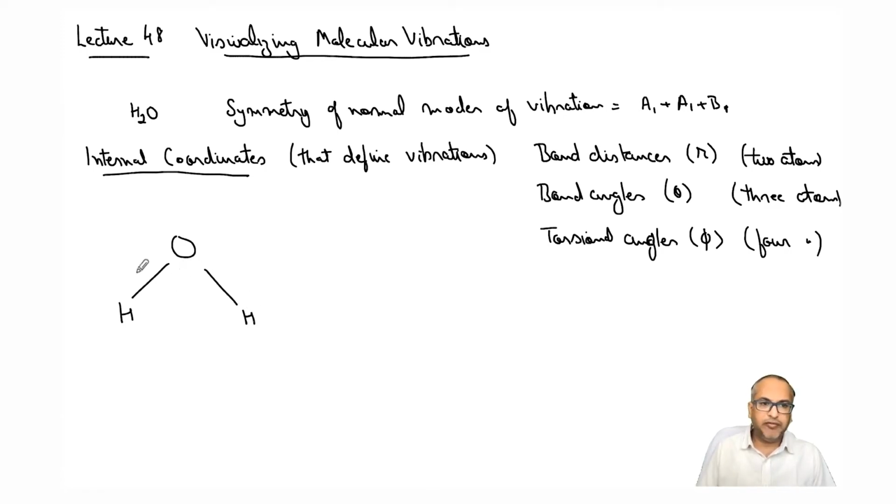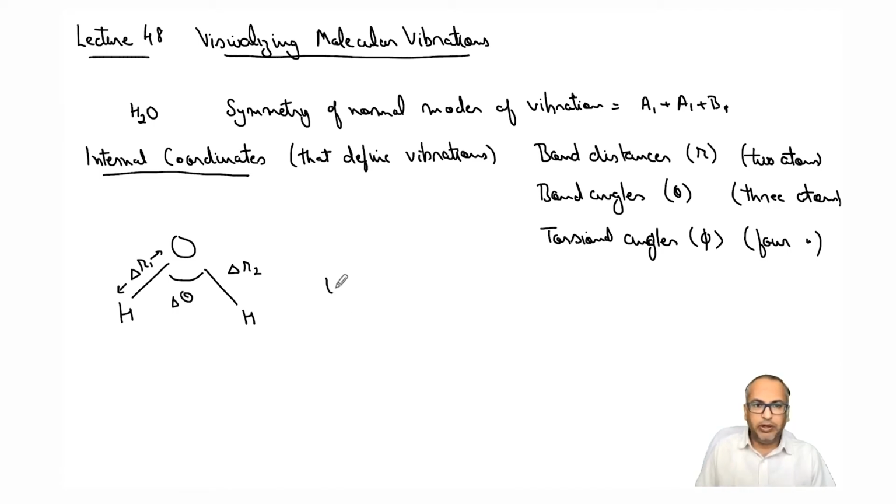Let's say I have change in bond length as delta R1 over here, and then this would be delta R2, and this will be my change in bond angle delta theta, right? Now if I take the bond angles and bond distances as the basis and create a reducible representation, let us see what we get.